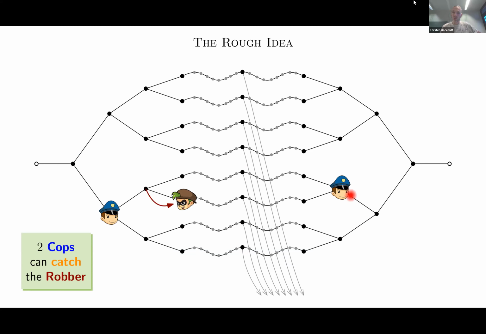And now, again, the robber can go here, where there is less than k over 8. So in this case, 0 cops on this vertex. There might be a cop adjacent to it here, but in the moment that the robber moves there, he is first. He's there quicker than the cop.